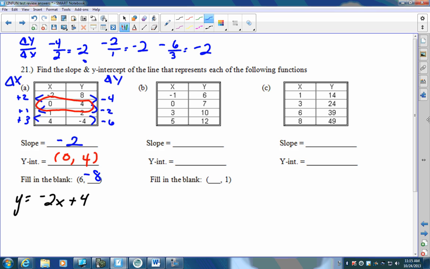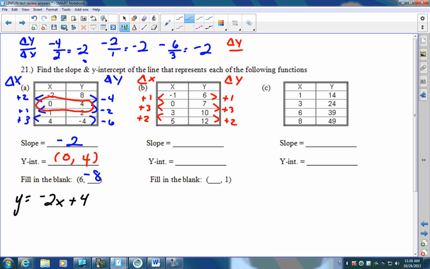On the next one, the slope, delta y, the change in y, plus 1, plus 3, plus 2. Delta x, plus 1, plus 3, plus 2.